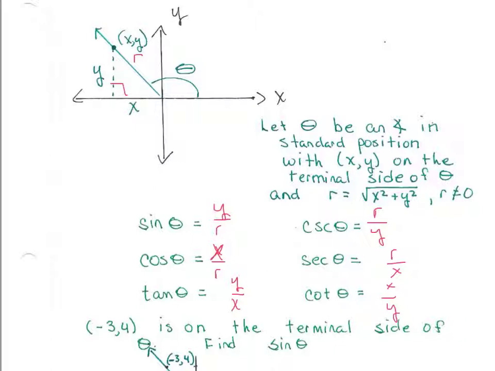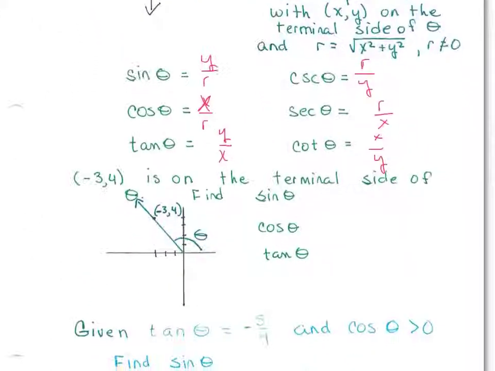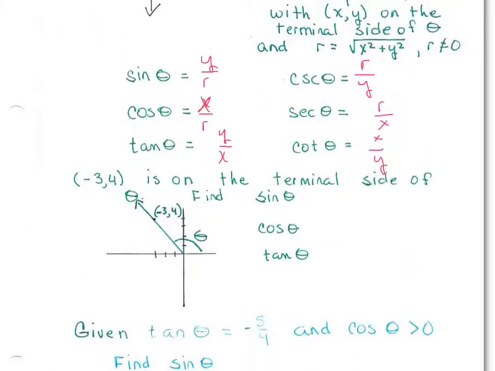Okay, so we have the point (-3, 4) on the terminal side of theta. And I have drawn that for us. So if we drop a line that's perpendicular to the x-axis, we know that from here to here is -3, and this point is 4.